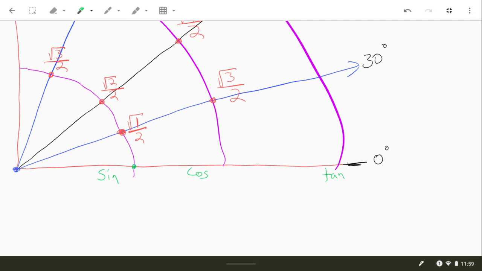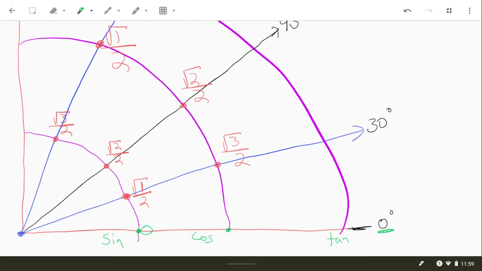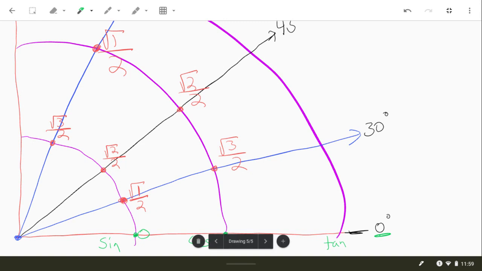So at 0 degrees, on sine of x it went 3, 2, 1. The next one is going to be 0. Sine of 0 degrees is 0. Cosine of 0 degrees, let's see if we can complete that pattern here. We got 1, 2, and then root 3 over 2.